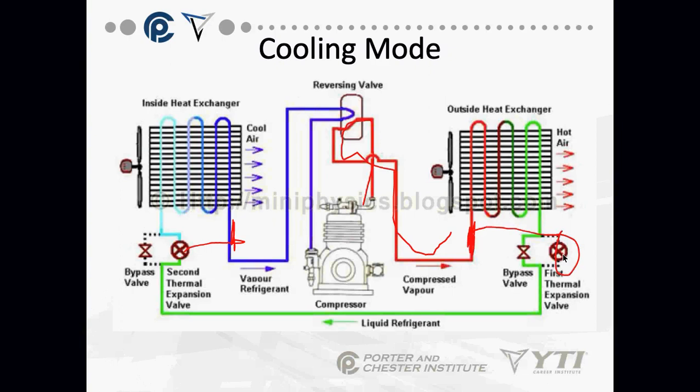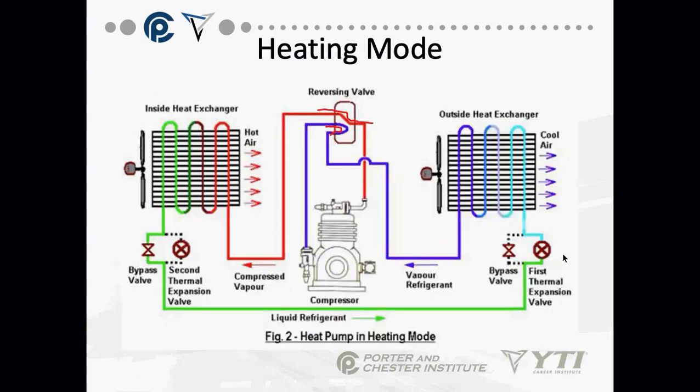Think about it. The suction line changes. You see it? When I'm in heating mode, the suction line is what comes out of the outdoor coil. Yeah, I see it. Okay?